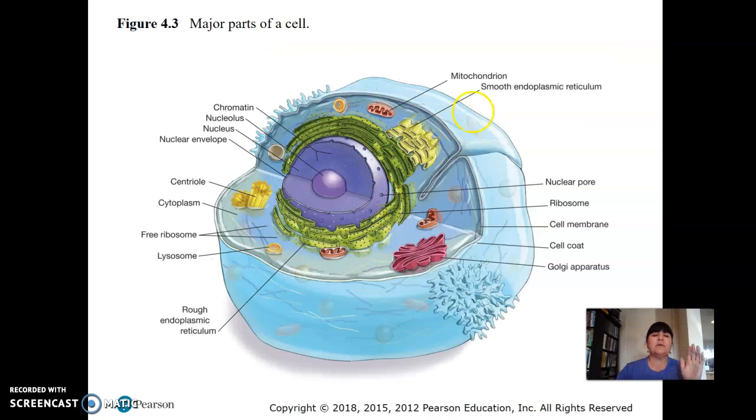So here is a typical model cell showing you the parts of the cell. So the cytoplasm here is on the outside. The nucleus is on the inside. The nucleus has the DNA. That's the genetic material, right? All the hereditary material. Now the organelles, the word organelle means tiny organ.